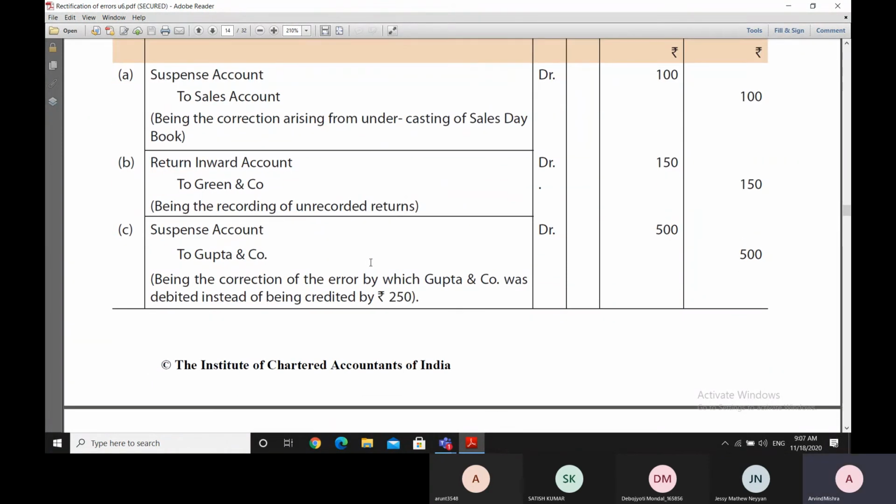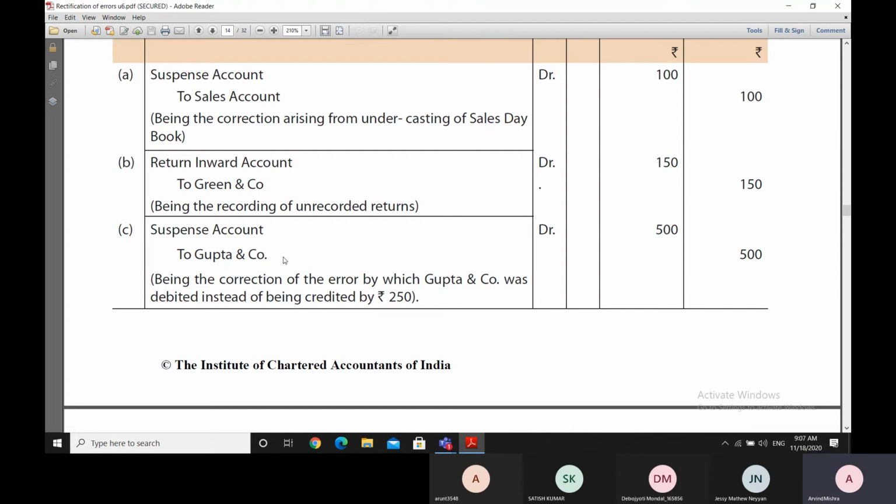Now, in C, the suspense account is debited because in Gupta and Company account, a wrong debit was done.